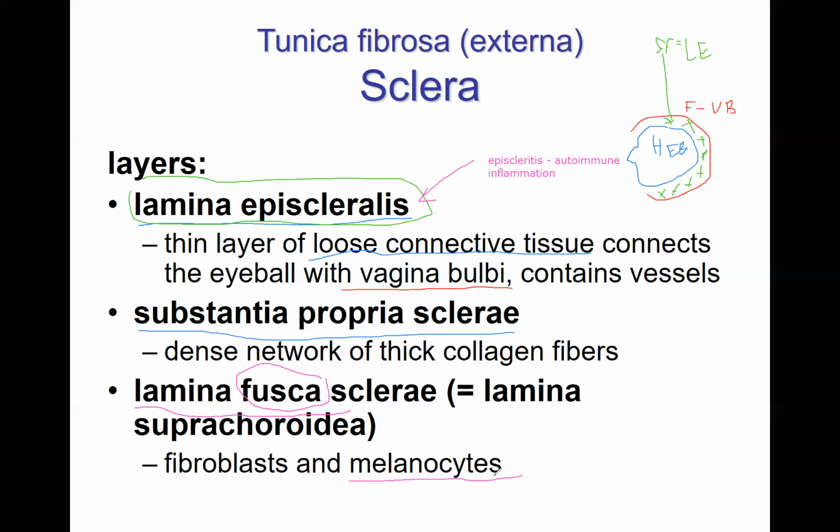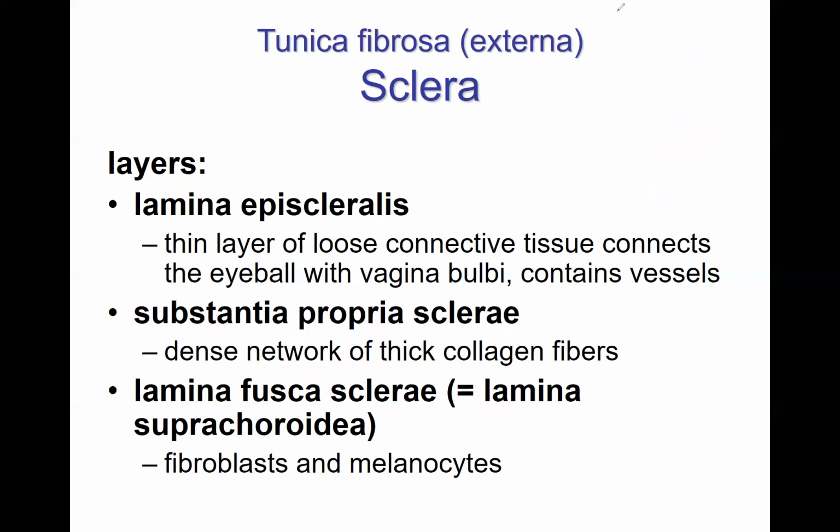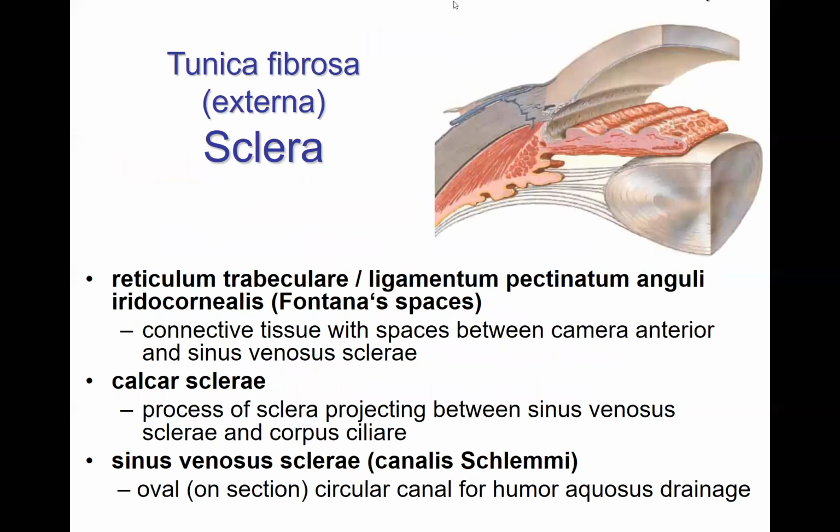So 3 layers of sclera, and now 6 other different structures which we have there. So the first structure is this: the venous scleral sinus. It's a circular canal around the cornea within the sclera.